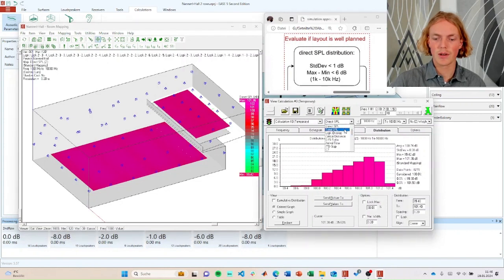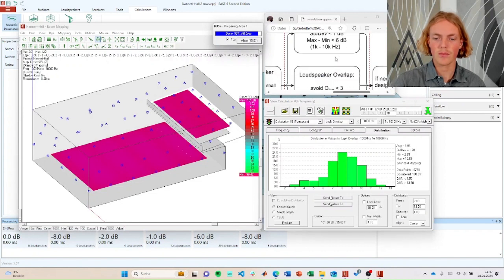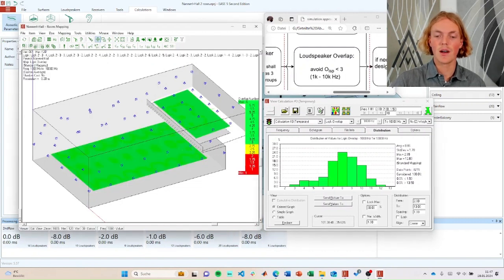So we can go to the loudspeaker overlap, where we said that we want to avoid areas with a loudspeaker overlap less than 3, since for overlaps less than 3, it indicates that in this area the energy of one speaker dominates compared to all the others.